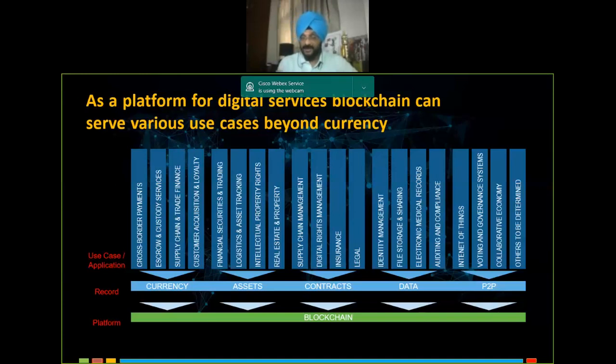Then there are assets and logistics, asset tracking. Whatever assets are moving all across, if you have that blockchain-based thing, then any tampering with that particular consignment can be identified. In supply chain, for example, we have containers coming from different countries.